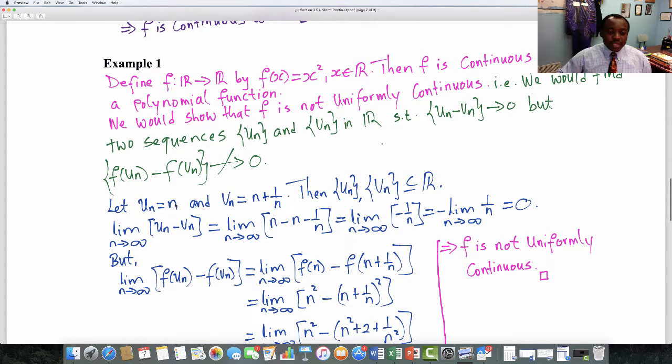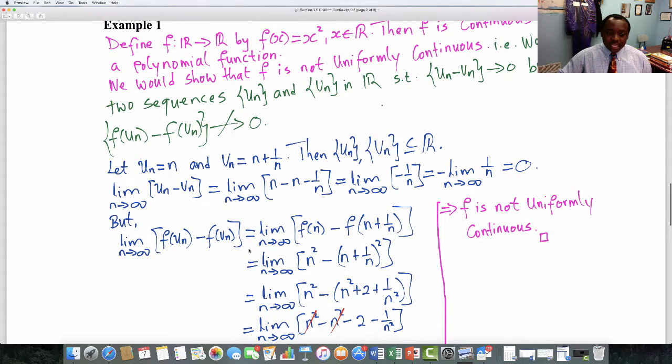Define un to be n and vn to be n plus 1 over n, then un and vn are sequences in R. The limit as n approaches infinity of un minus vn is the limit as n approaches infinity of n minus n plus 1 over n. This equals the limit as n approaches infinity of negative 1 over n, which is 0 by the constant multiple limit theorem.